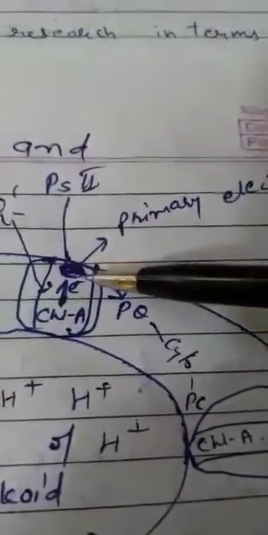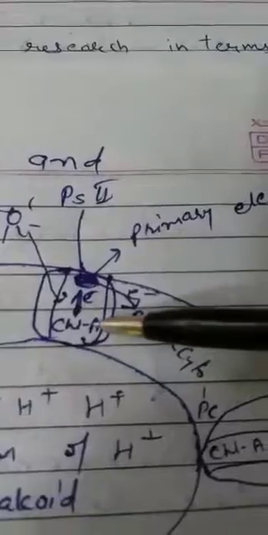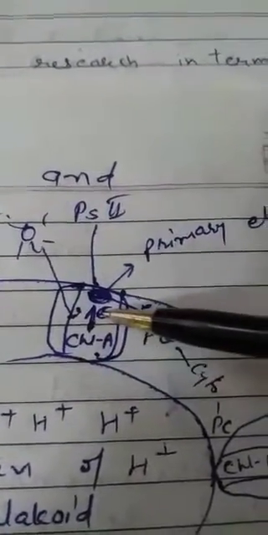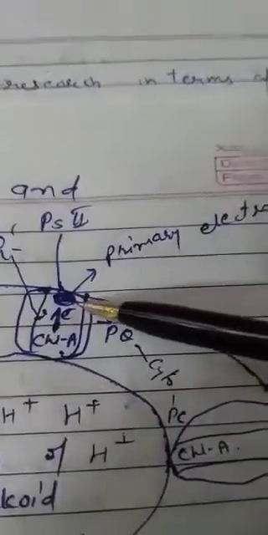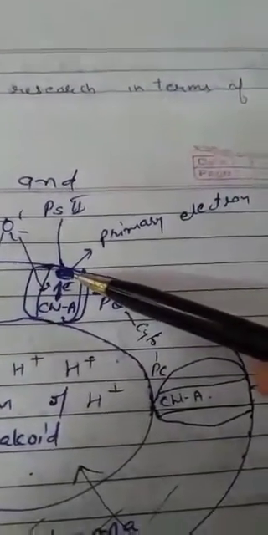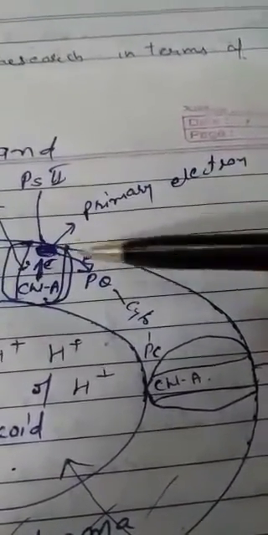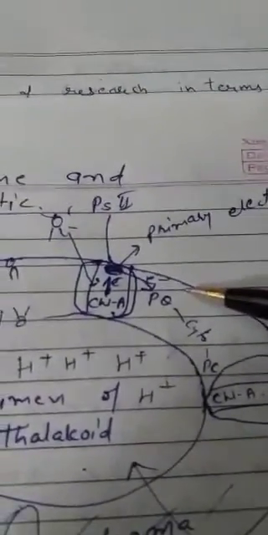Now I have changed the diagram. So this is the primary acceptor. Now I have full detail. This is the chlorophyll A molecule. Electrons get excited and are collected by the primary acceptor. Then this electron is given to the next, plastoquinone.